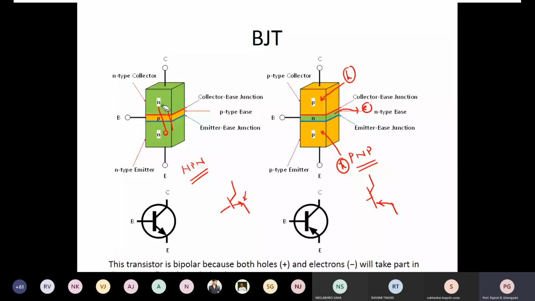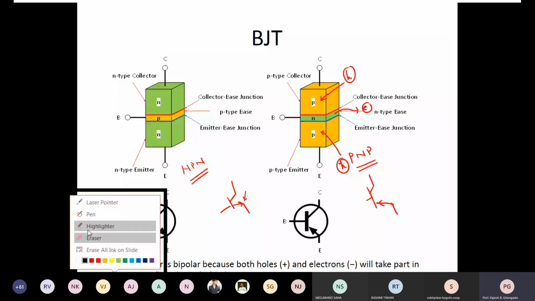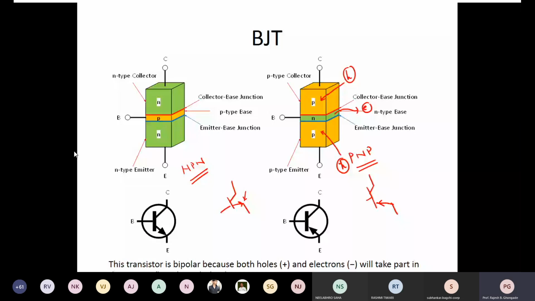So all the electrons are moving in this direction. Look at the direction of electron flow. So how do you say the current direction is the opposite, as if the current is flowing like this?